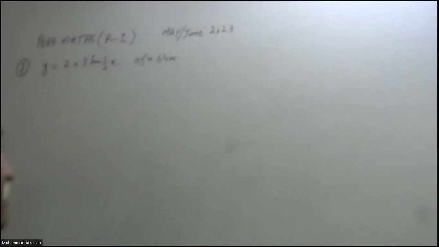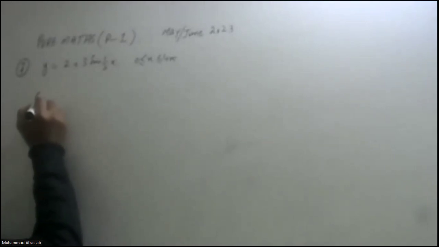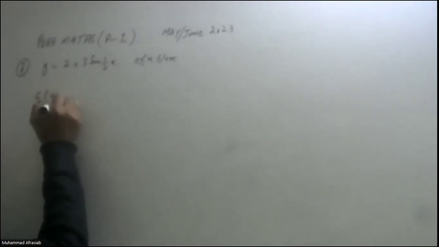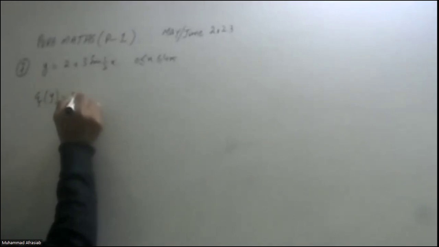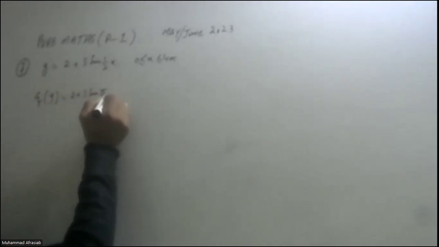So you are going to get the greatest and the least values of this curve y is equal to 2 plus 3 sine of half x. For the greatest value of y, it should be equal to 2 plus 3 sine of pi by 2.